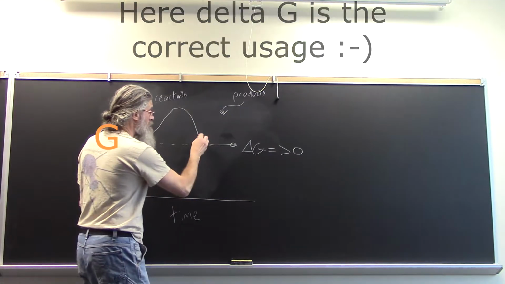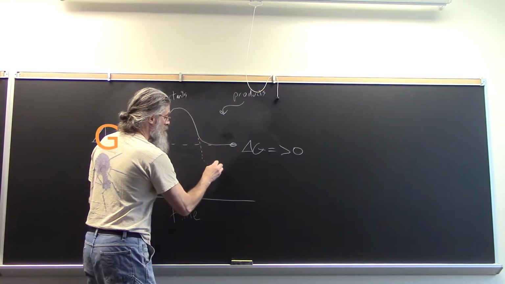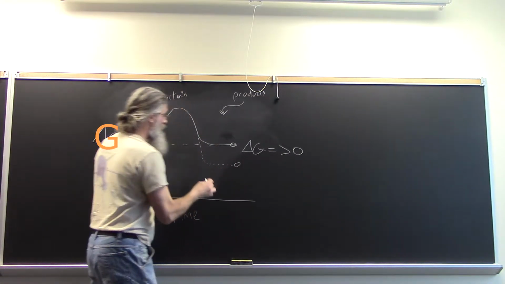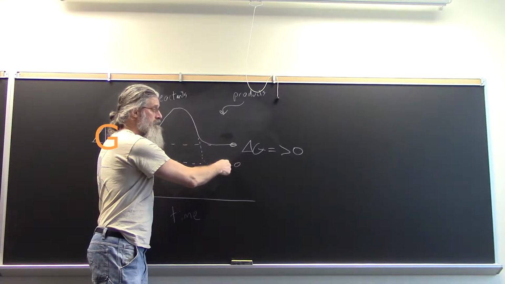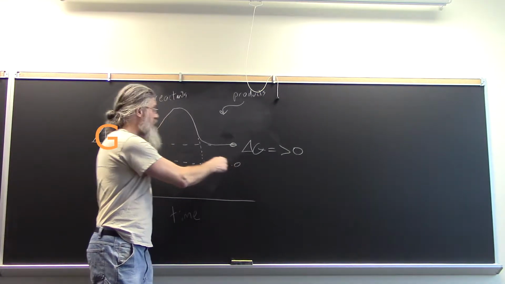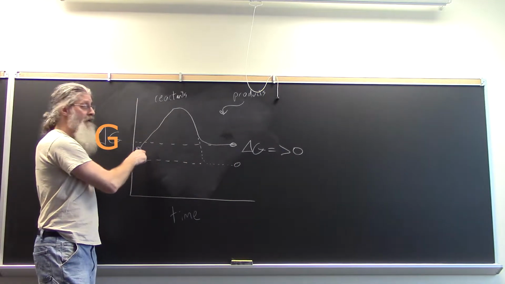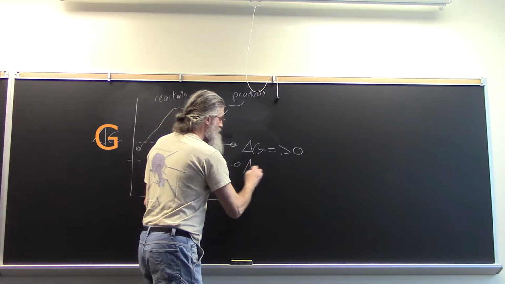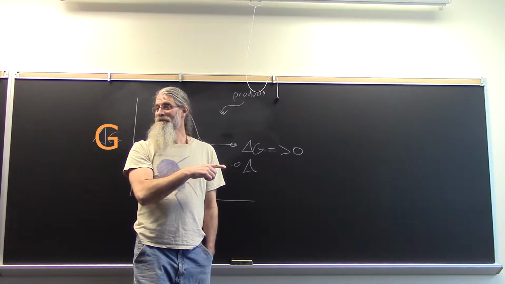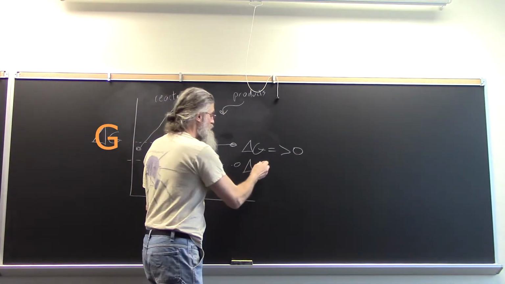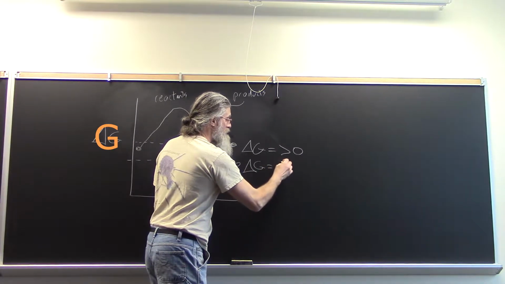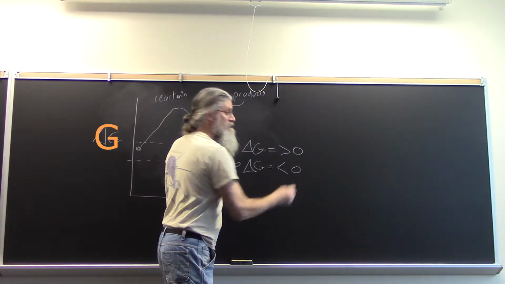Alternatively, you could have a system where the products have a lower Gibbs free energy than the reactants, in which case the delta G, delta, by the way, means change. It's the symbol we use for change. So here the delta G would be less than 0, or negative.